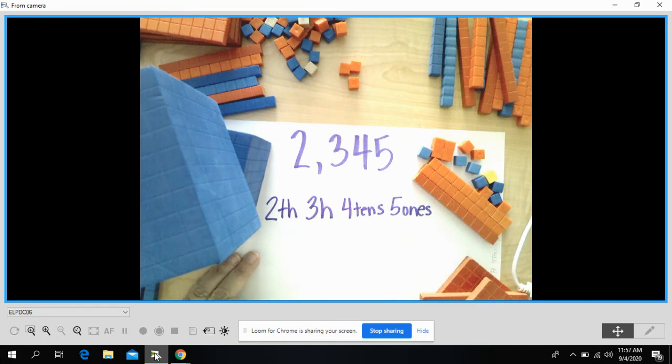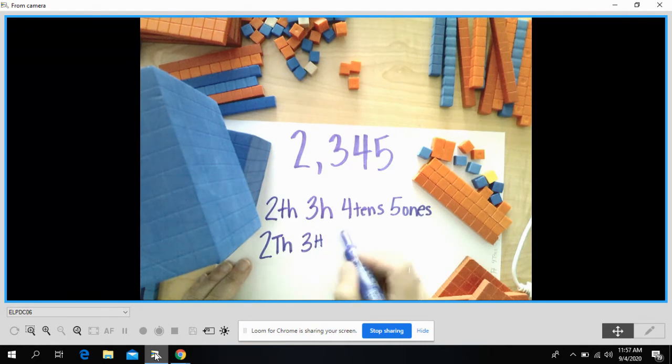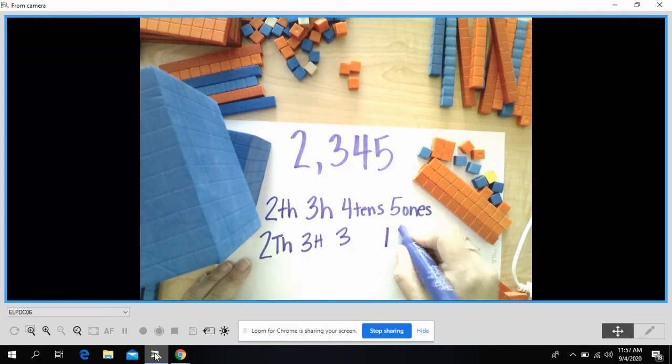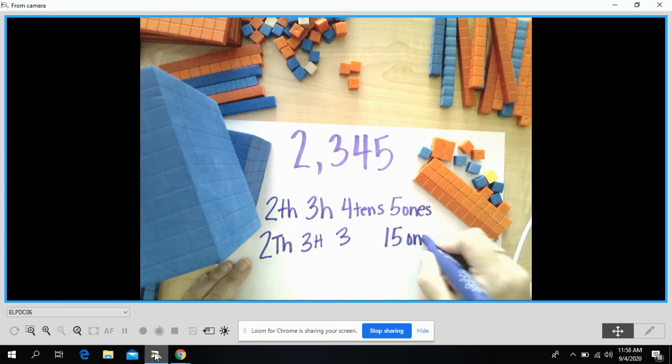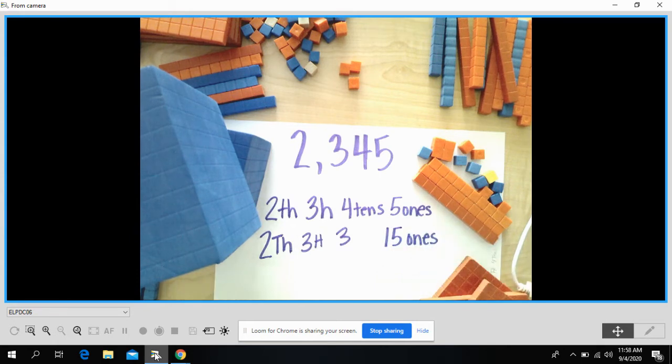Then we broke it down a little bit. We still had our 2,000s, our 300s, then we had 3 tens and 15 ones. Let me fill in the word tens there. Good. What about one more way?